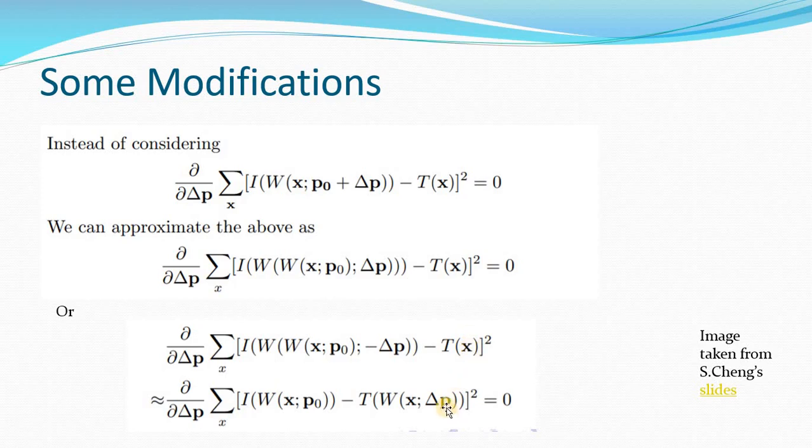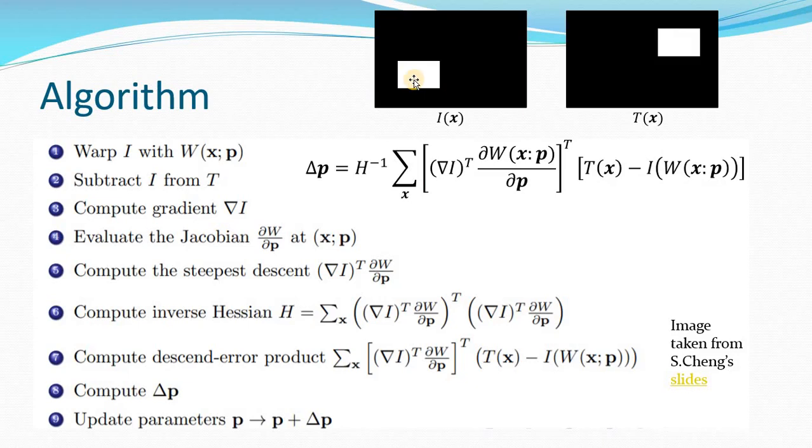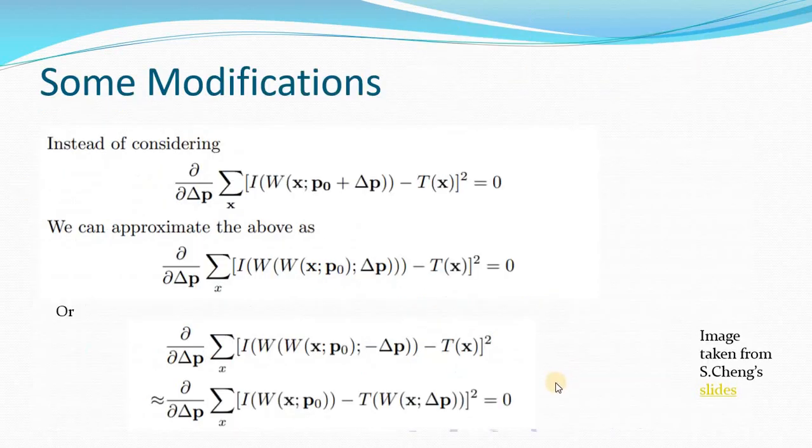So the cost function remains the same, if you see. Initially we were trying to move this upwards to this T of x. Now we are trying to move this downwards towards I. So overall the cost function remains the same, right?